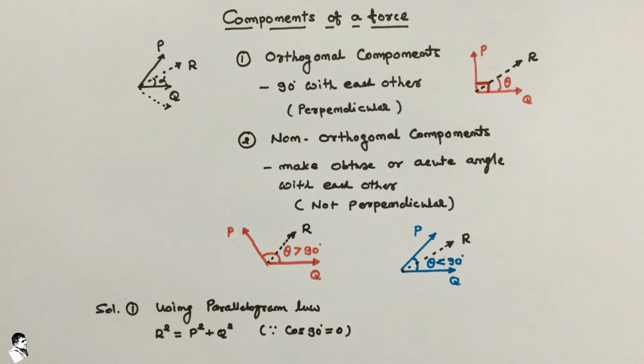So we can also write down that P is equal to R sin theta, and Q is equal to R cos theta. So this is the value of the components of those particular forces.